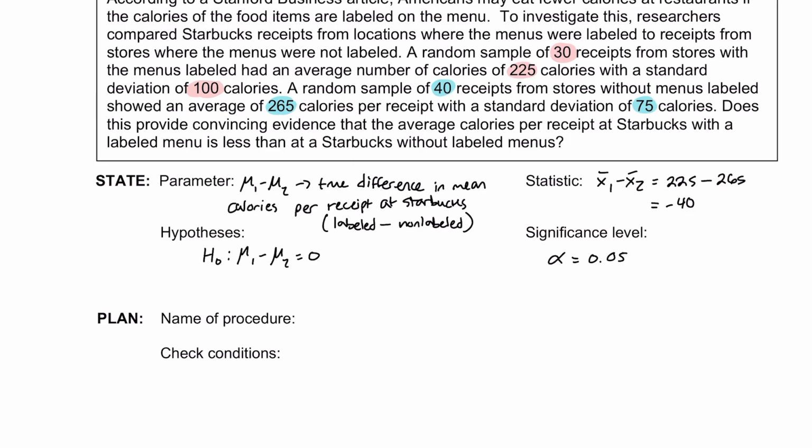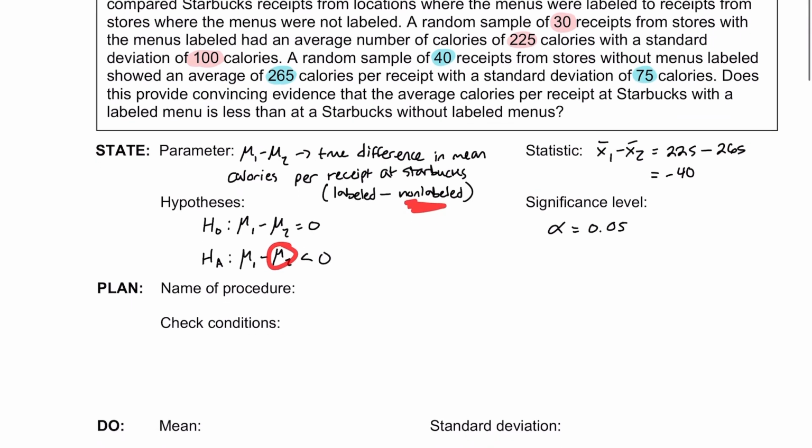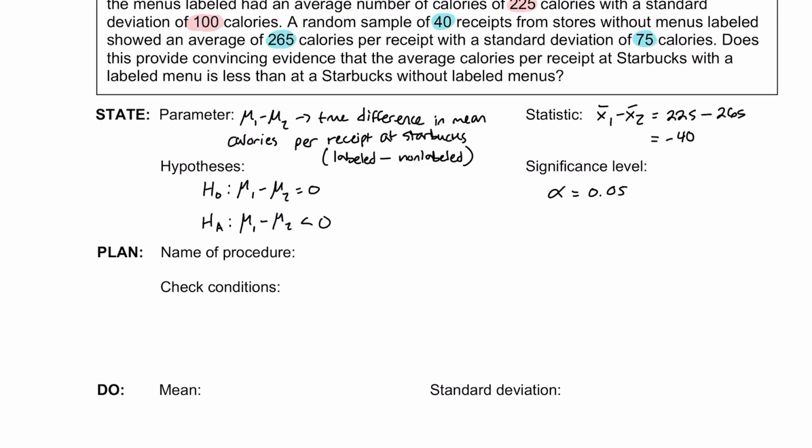So that means my alternative hypothesis is going to be mu1 minus mu2 is less than 0. Because if it's less than 0, that means mu2 is bigger, which is our non-labeled. And so that's it for the state section.